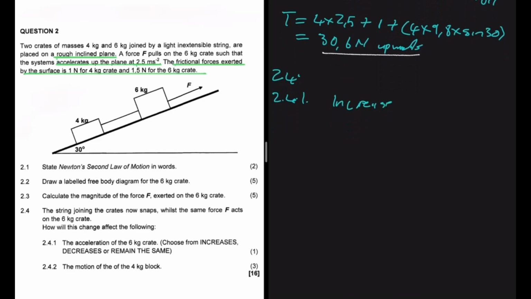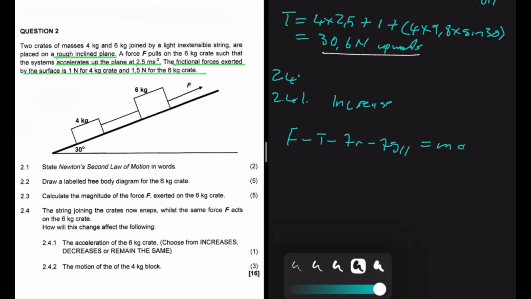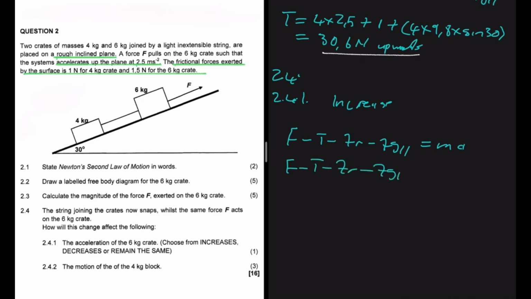Let's not forget that for the 6 kg block, we have F minus tension minus frictional force minus FG parallel being equal to ma. So if we make acceleration the subject of the formula here, we're going to get F minus the tension minus frictional force minus FG parallel, divided by m, being equal to a.